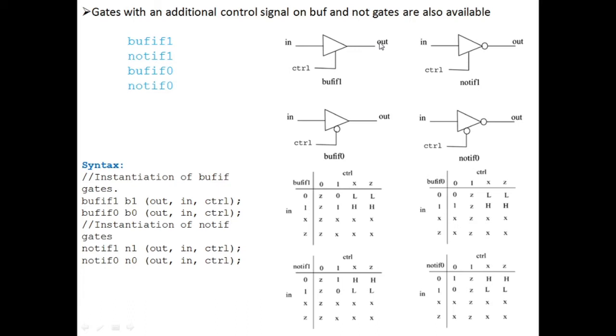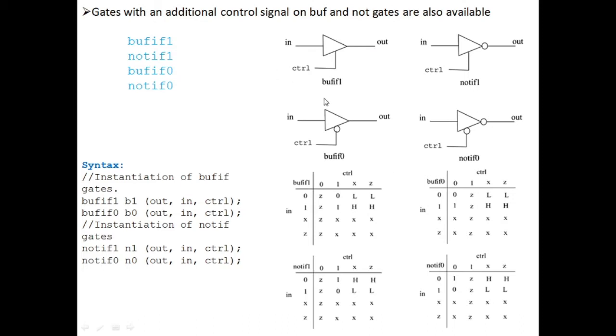If the control is asserted, that means logic 1, then out is equal to the input. If it is de-asserted, that means the control signal is not connected to this logical gate. Then what will be the output? The output will be a high impedance value. It will not even be X. It will propagate Z.